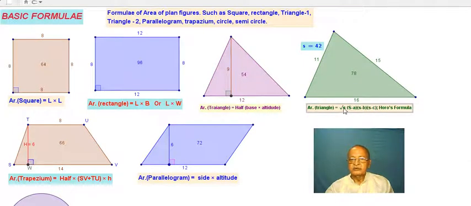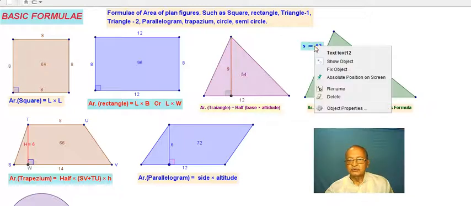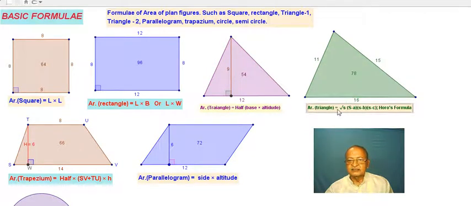Now, what is S? S is nothing but half the sum of these three sides. This 11 plus this 15, 26, plus 16, 42. So, S is not 42, S by 2 is 42. So, we'll make the correction.